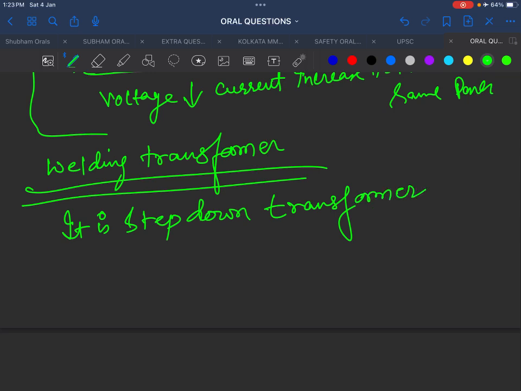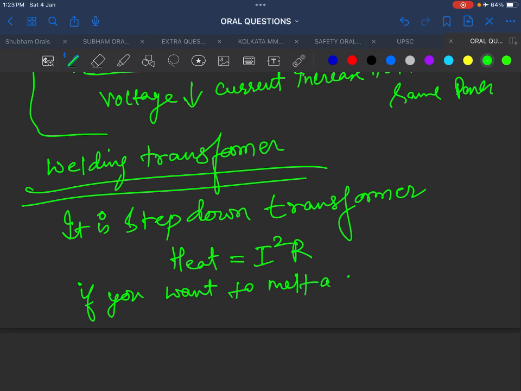Why are we using this step down transformer? You know heat is equal to I square R. If you want to melt a metal, you have to increase heat.